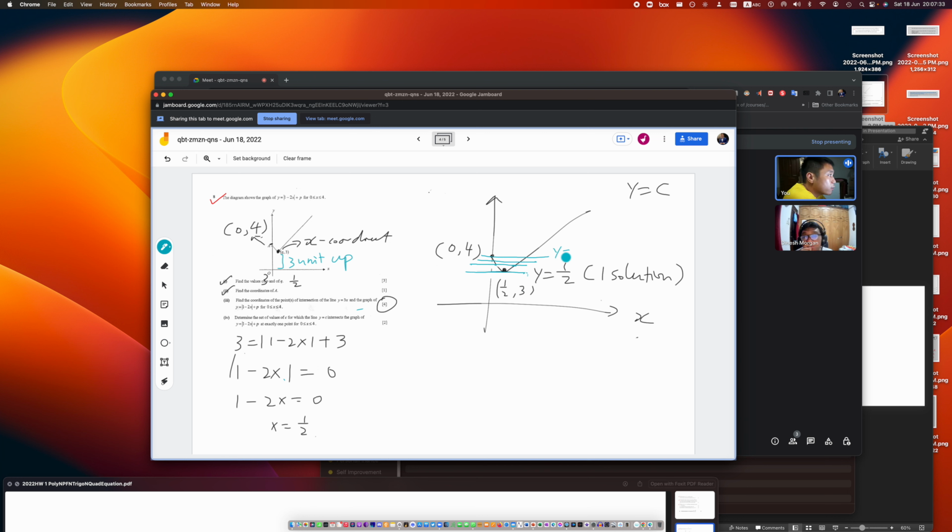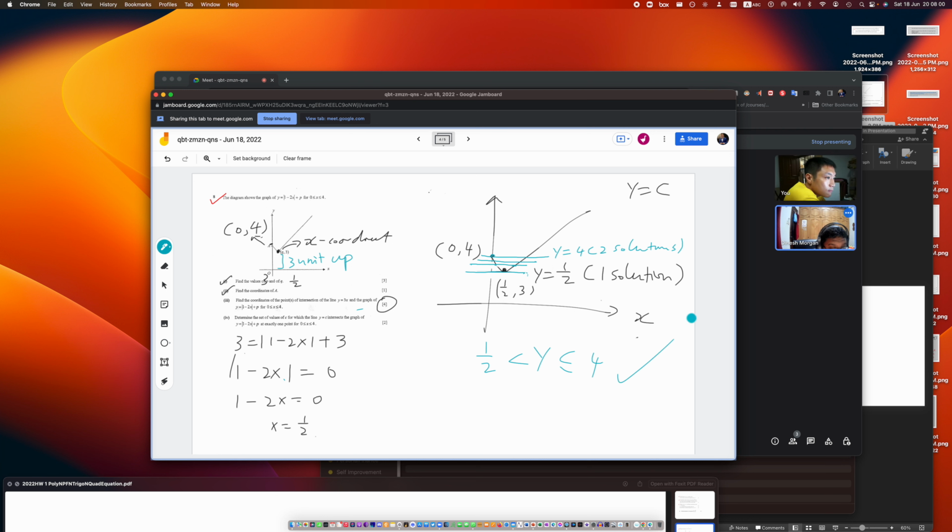So when y equals 4 it is 2. So anything above 4 is 1. So it must be bigger than half, cannot be equal. Can be equal to 4. This is the 4. And then anything beyond 4 is 1 again.